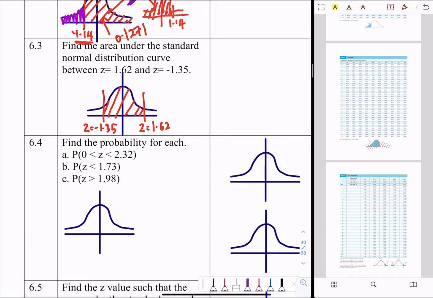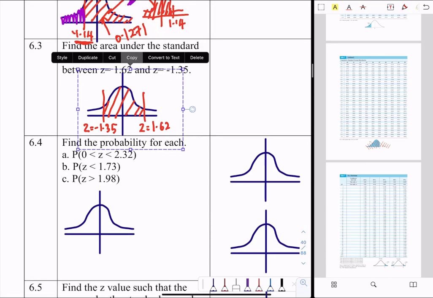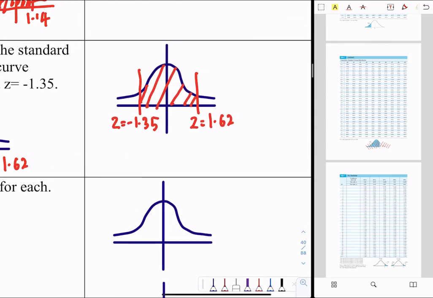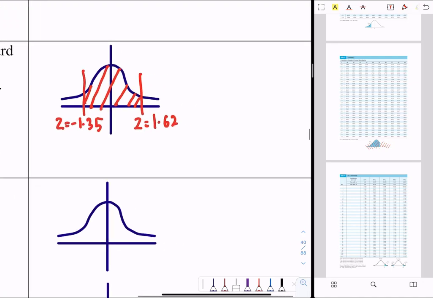Of course we need to use table E because this is a z. I paste it here so that it's much easier for us to do.